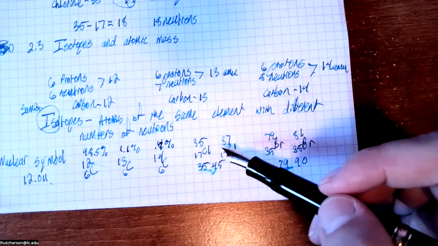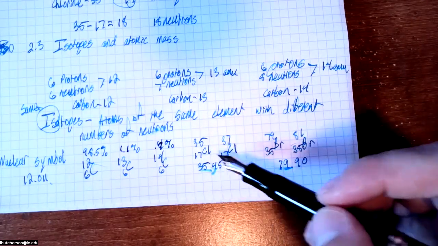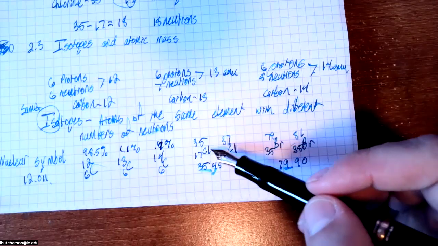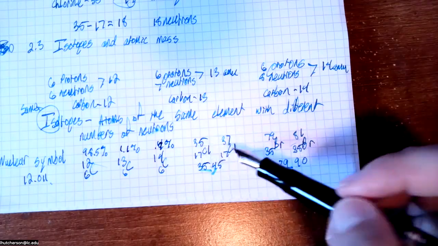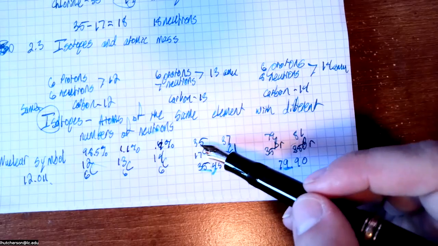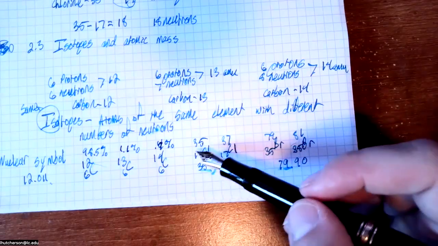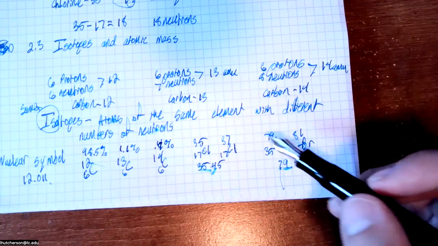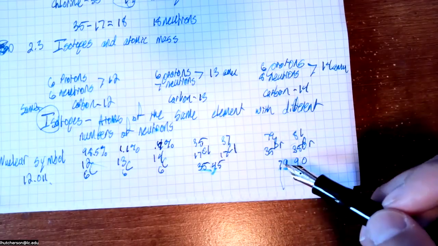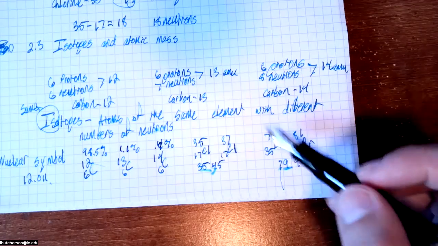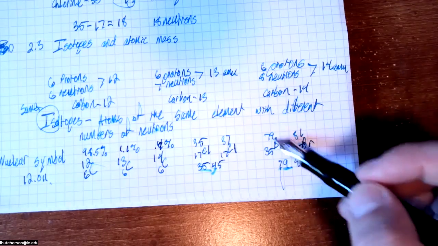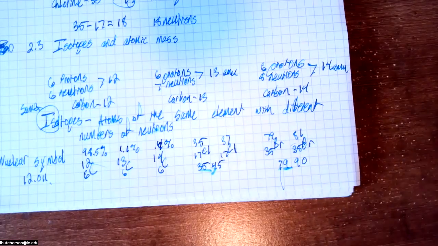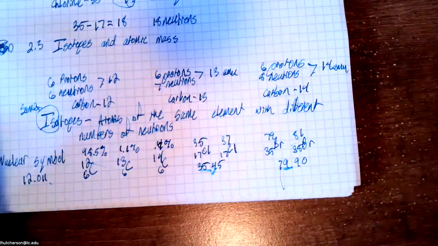Same deal with chlorine. This 35.45 comes from the fact that I have about a 3-to-1 ratio naturally occurring of chlorine 35 versus chlorine 37. For bromine, 79 and 81 occur in roughly equal proportions. A little more bromine 79 than bromine 81, but that is where that number comes from.